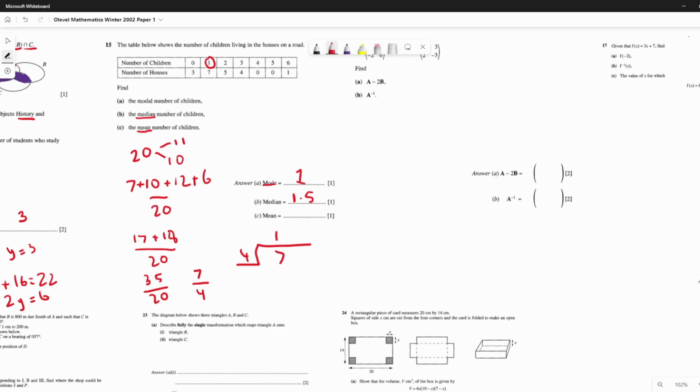So 4 ones are 4, and we subtract that, so that's a 3.0. 4 sevens are 28, and that would be a 2, and then we add a 0 there, and that is a 5, and 4 fives are 20. I'm just going to erase that so that doesn't leak into a different question, but our answer is 1.75. So the average number of children on the street is 1 child, and basically 3/4 of a child.